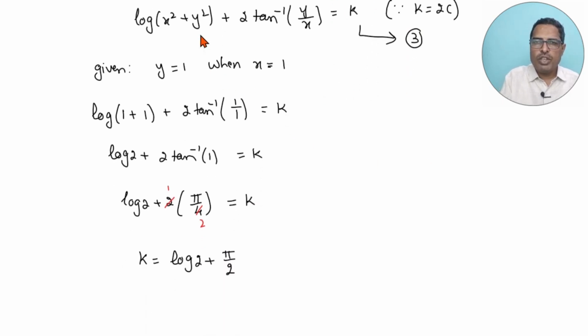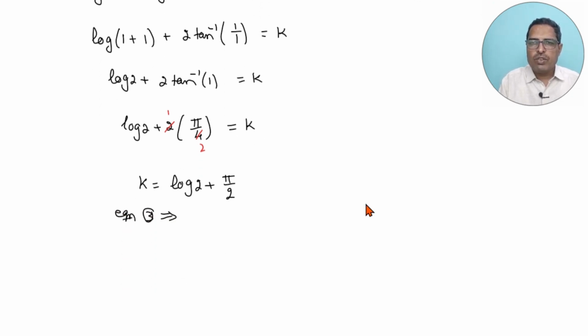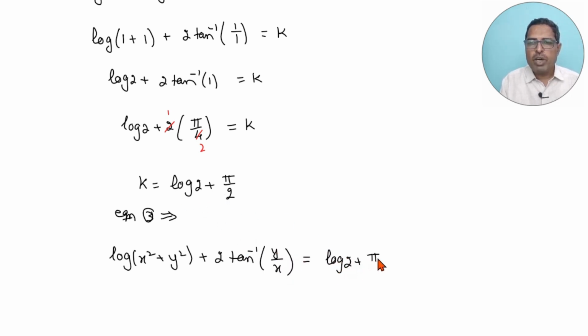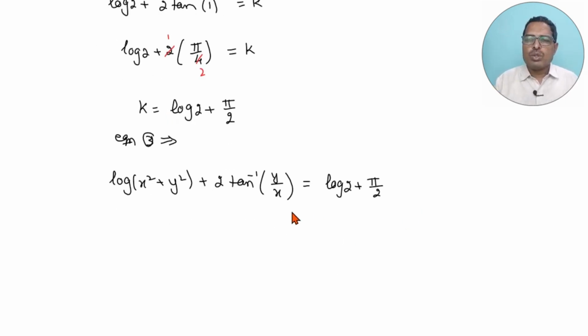So equation number 3 becomes log of x square plus y square plus 2 times tan inverse of y by x is equals to k, where k value is log of 2 plus pi by 2. So that is the particular solution of the given differential equation.